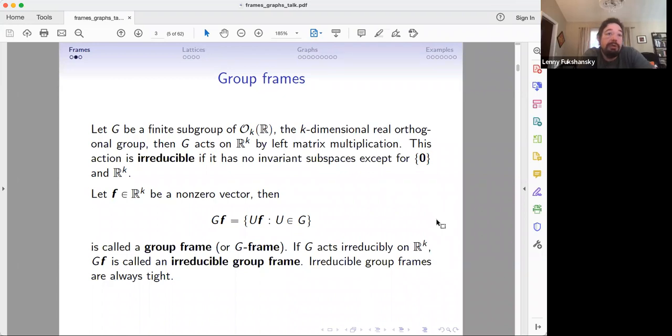You can take a non-zero vector f and then take its orbit under the action of this group. Such a collection is called a group frame, or G-frame, sometimes people say. In case the action of G is irreducible, we say this is an irreducible group frame, and it is a known fact that irreducible group frames are always tight.